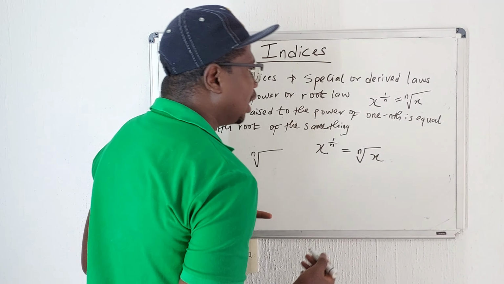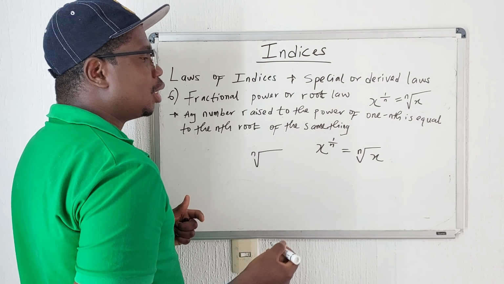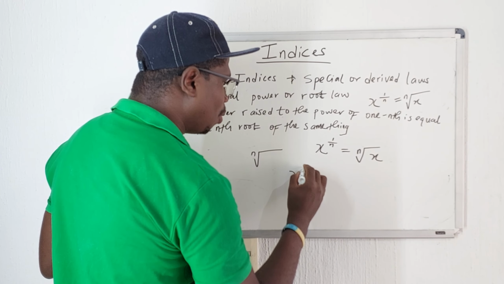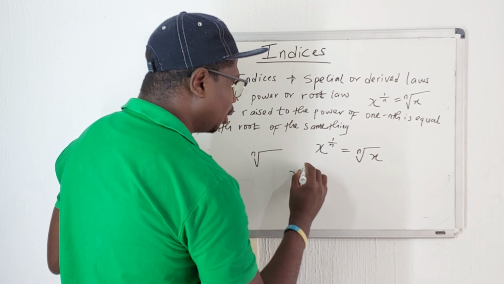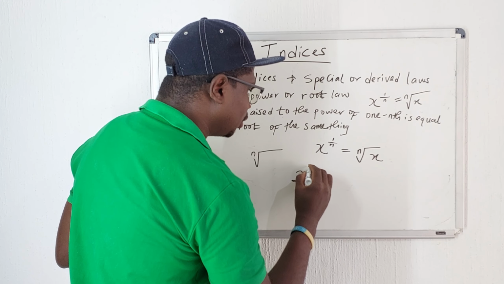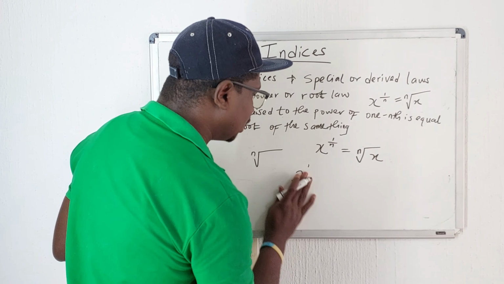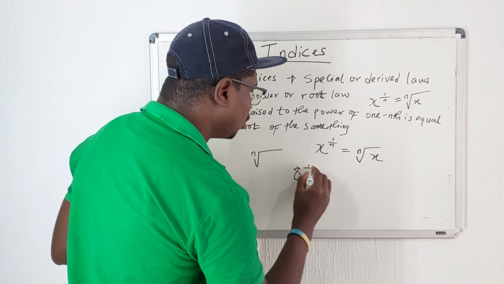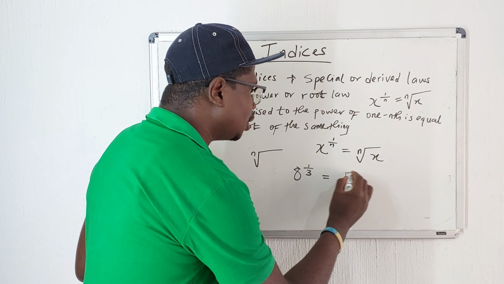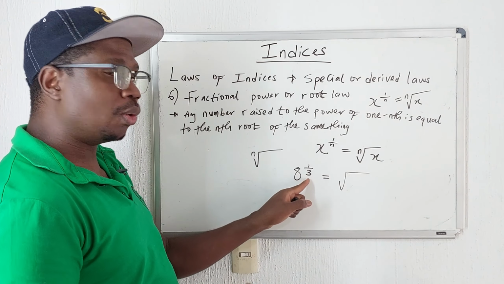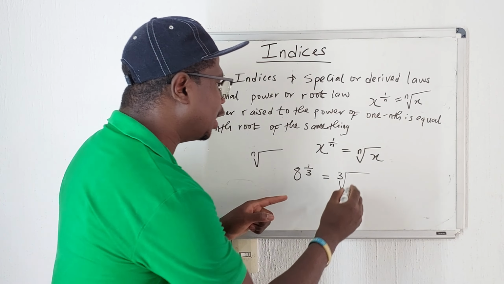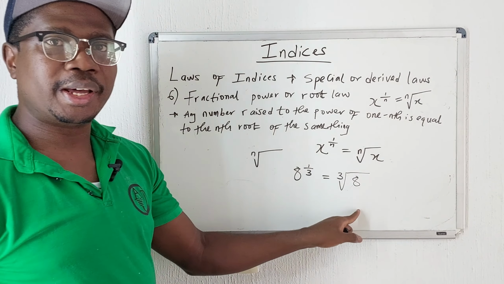Now, from this law, let's say I have 8 raised to power 1 over 3. What this means is that we take the one below, we put it in the root sign, then put the 8 here.